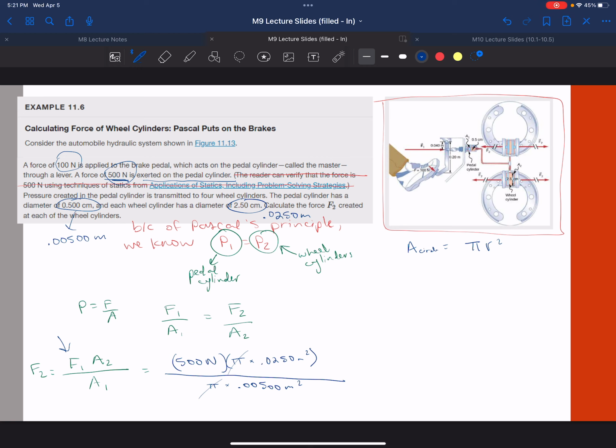Pi cancels out, and when you do this math here, you should find that that pressure is about 1.25 times 10 to the 4th newtons.